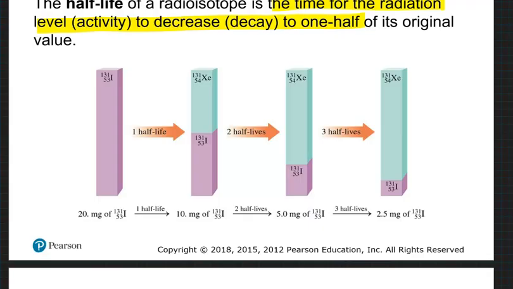I believe it's a gamma source. So you start, and I'm going to make it a little bit more complicated than this image. Let's say you have a sample which contains 20 milligrams of that isotope. In whatever time the half-life is, you go from 20 to 10 milligrams of that isotope.